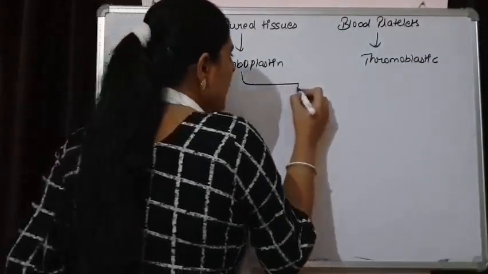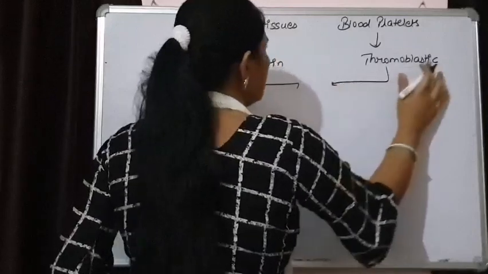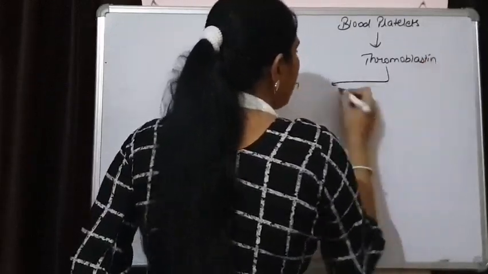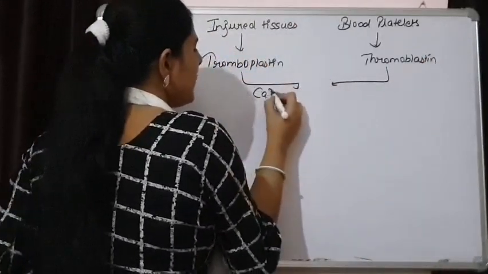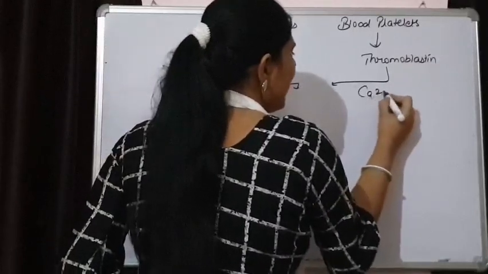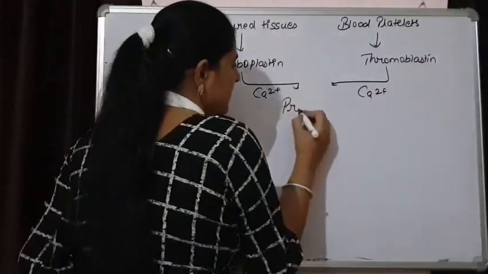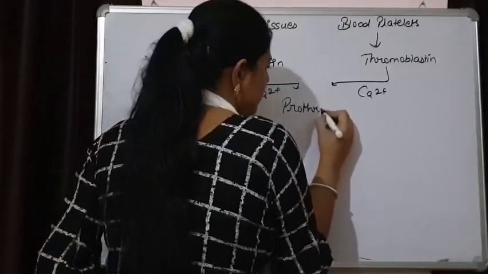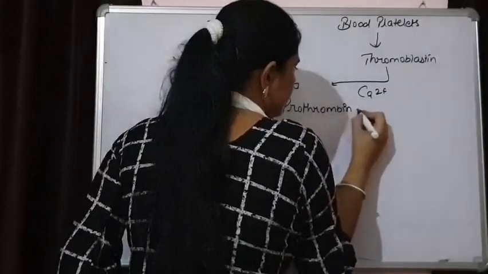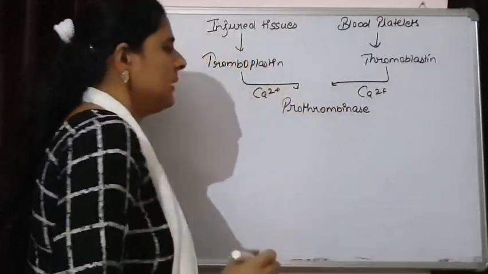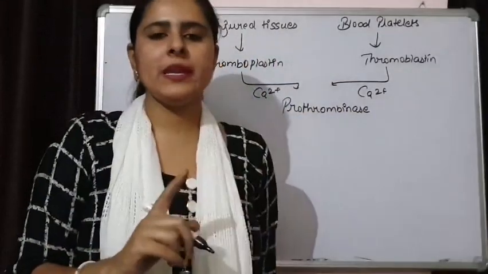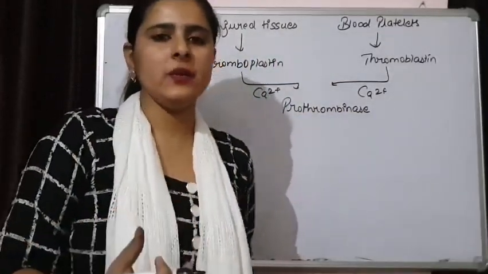Now these thromboplastins combine together in the presence of calcium ions, and they form prothrombinase. This prothrombinase acts as an activator.